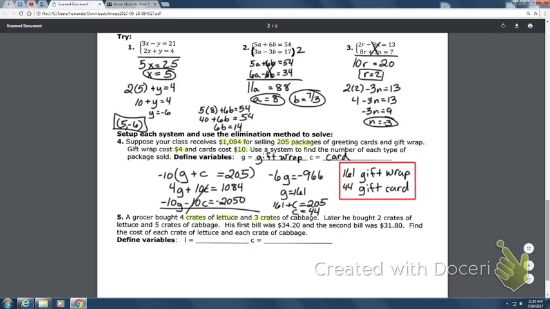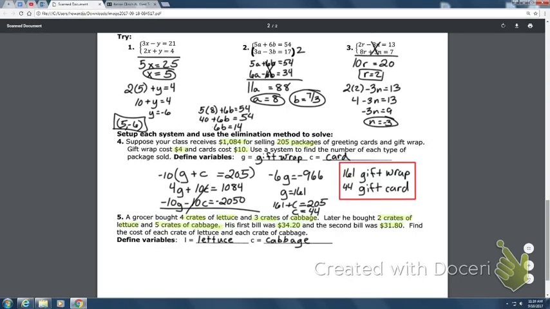Later he bought 2 crates of lettuce and 5 crates of cabbage. His first bill was $34.20 and the second bill was $31.80. Find the cost of each crate of lettuce and each crate of cabbage. Make sure you have the variables written out as to what they are.